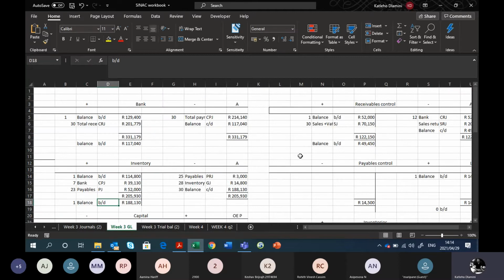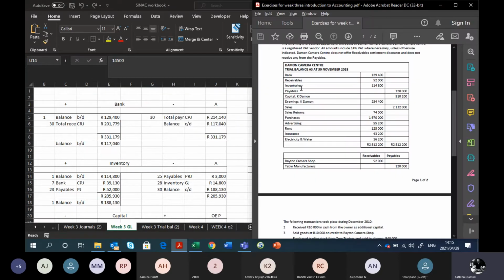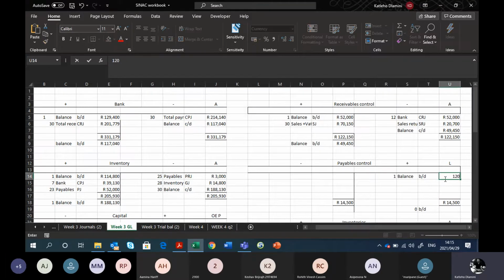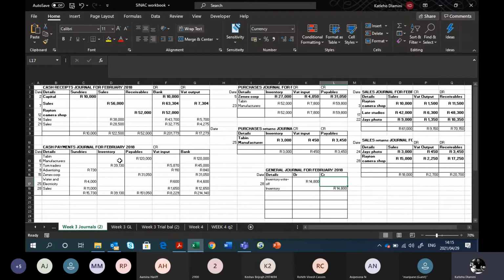All right, then payables. Payables also has a balance of 120,000. All right, so then there's a couple of things that can happen to payables.